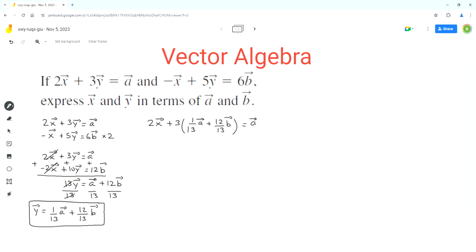Now we have to simplify this equation and then isolate vector x. So the first step is to distribute 3 into the parentheses. So we'll multiply each term in the parentheses by 3. Now 3 times 1 over 13 is equal to 3 over 13. And then 3 times 12 over 13 is 36 over 13.